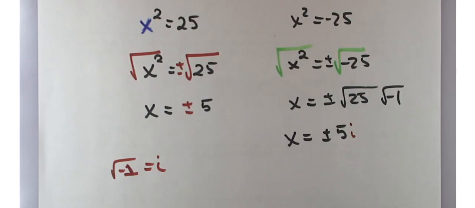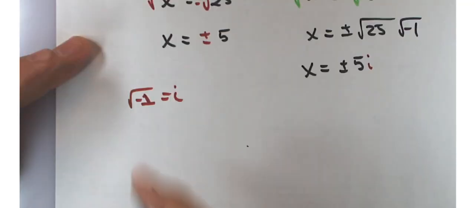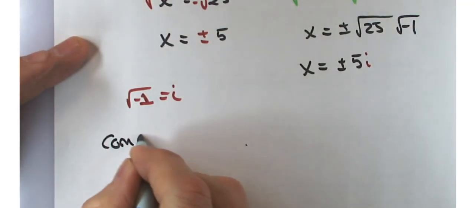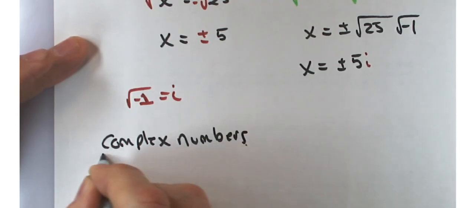Okay, so more generally speaking, we're going to look at what are called complex numbers. Now this is the imaginary number. Complex numbers look like this.